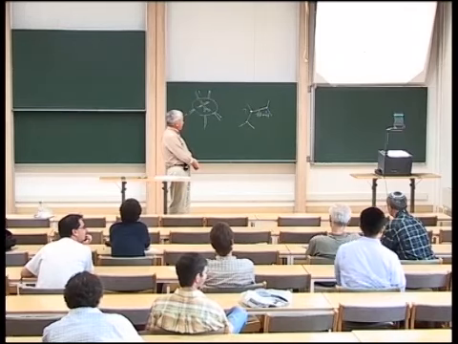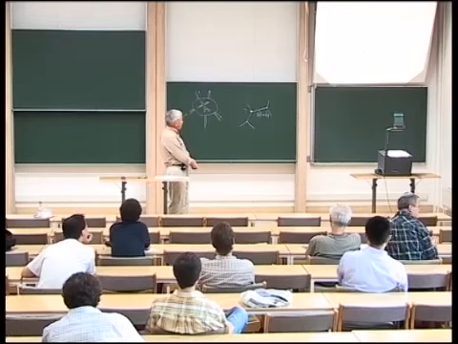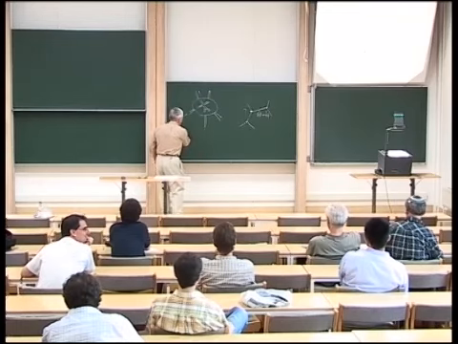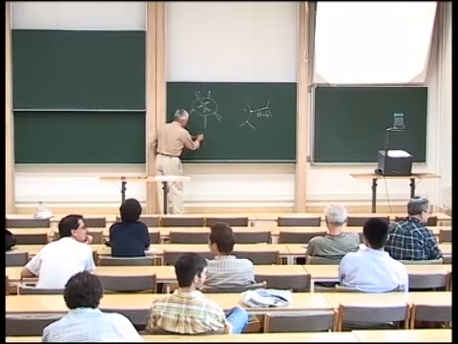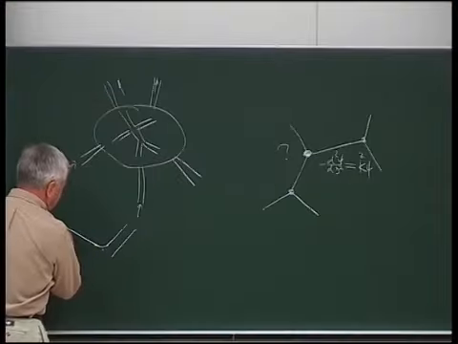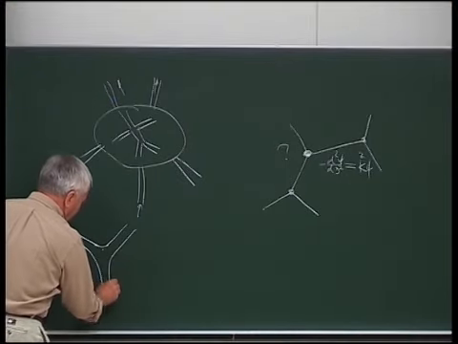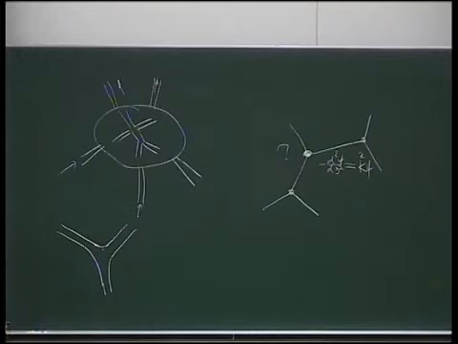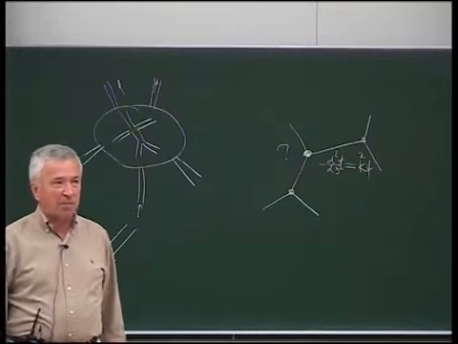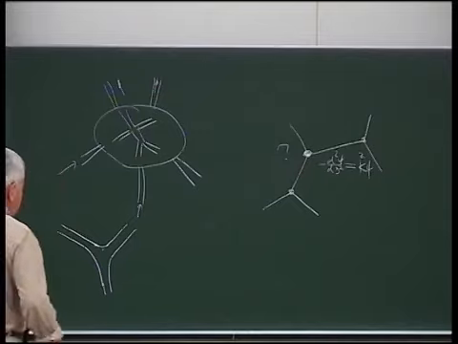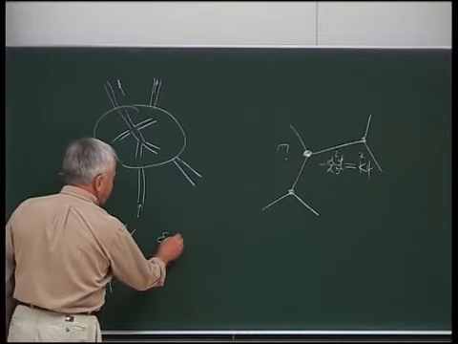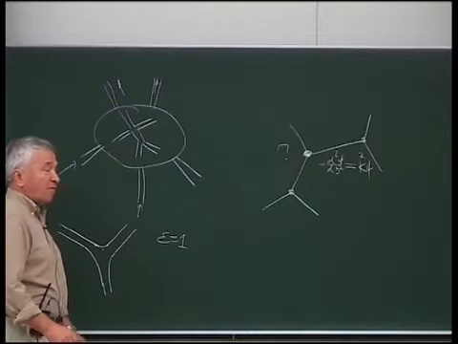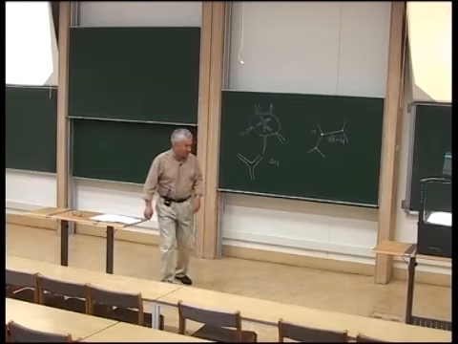To understand what is going on at one particular junction, we must solve the following problem. Let us consider one junction with a scale epsilon equal to 1. We don't want to pass to the limit here.